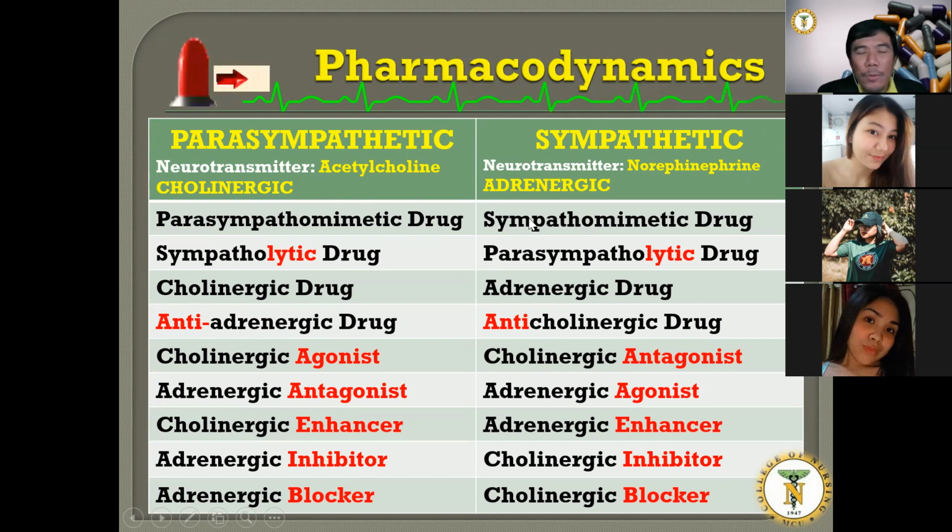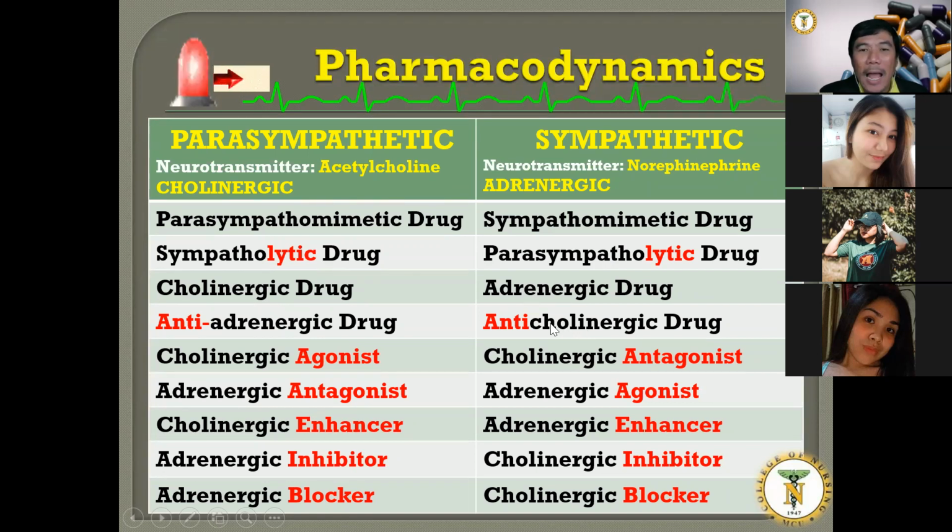Obviously, if you encounter sympathomimetic, it mimics sympathetic. Parasympathomimetic, it mimics parasympathetic. If it is parasympatholytic, lytic, it contradicts action of parasympathetic. Sympatholytic, it contradicts action of sympathetic. Adrenergic and cholinergic. Adrenergic is associated with sympathetic. Cholinergic is associated with parasympathetic.